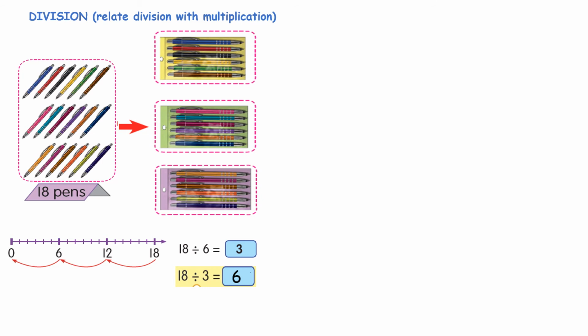Teacher hopes you remember that if the number of groups is in the middle, the answer should be the number of objects in each group. But if the number of objects is in the middle, the number of groups is the answer.